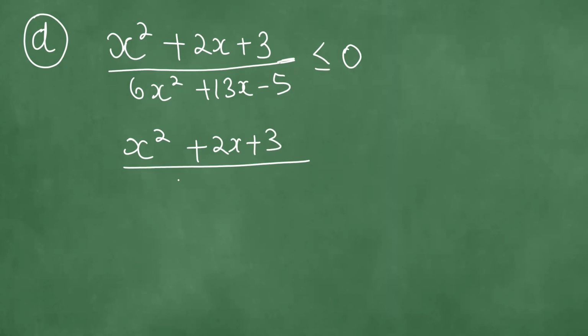In the denominator, we continue to analyze this with so much caution, and we can see that if you multiply 6x squared by minus 5, we get minus 30x squared, so we look for two expressions whose product is minus 30x squared, but whose sum is exactly plus 13, and those are 15x minus 2x minus 5 is less or equal to 0.